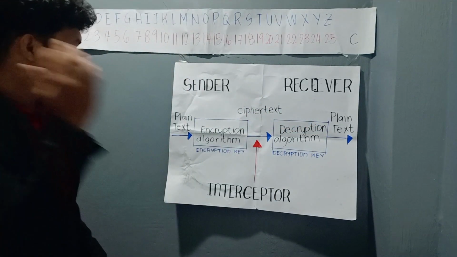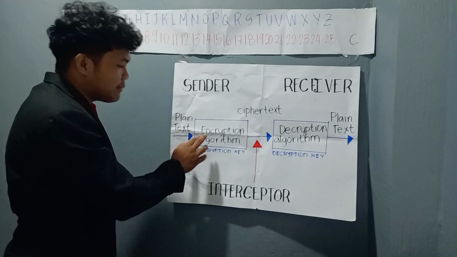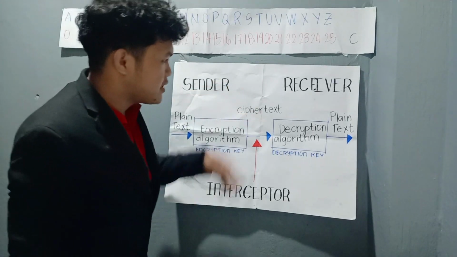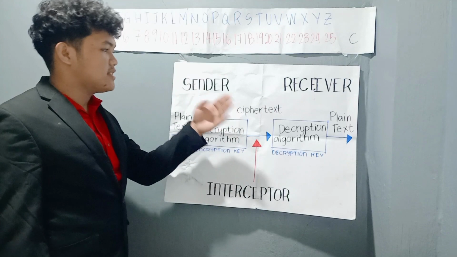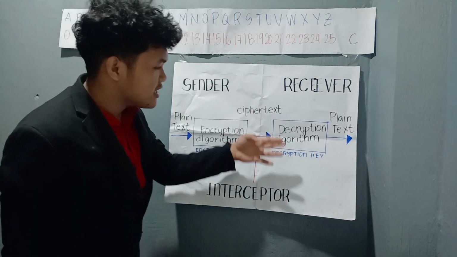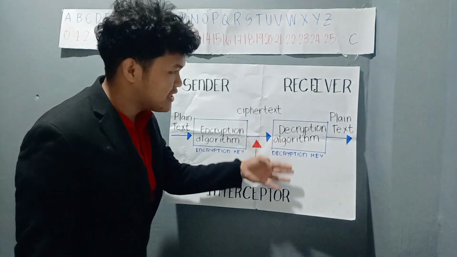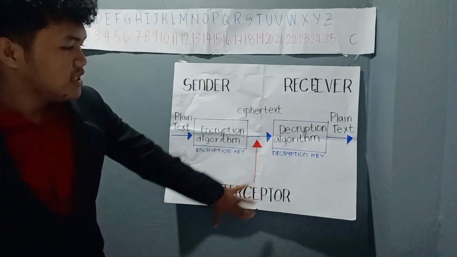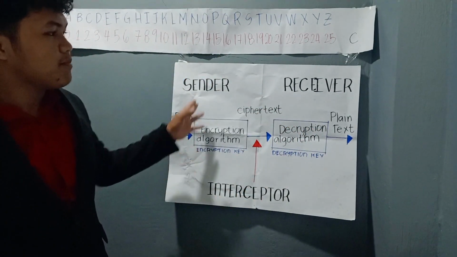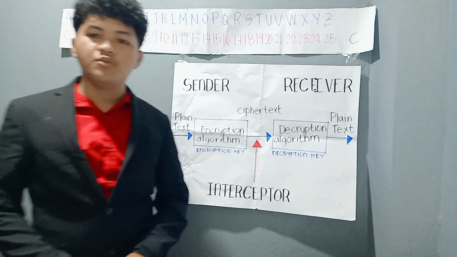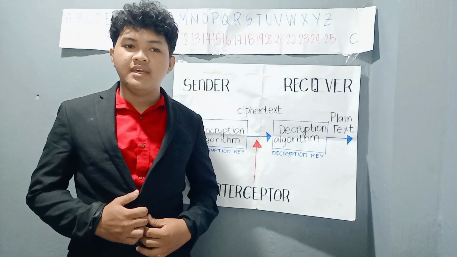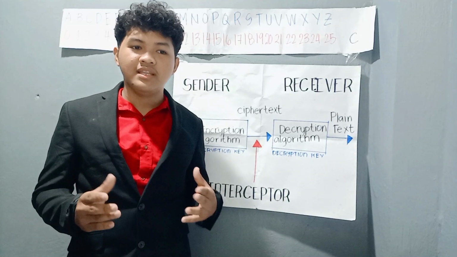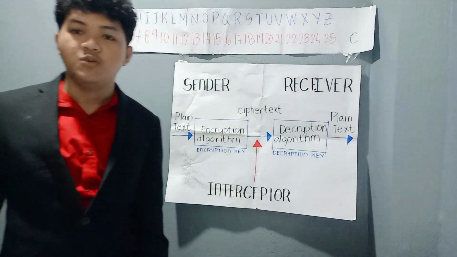So again, plain text goes through the encryption algorithm and turns into a ciphertext, and the ciphertext goes through the decryption algorithm and turns into plain text. That is how cryptography works to prevent information from reaching unauthorized users.